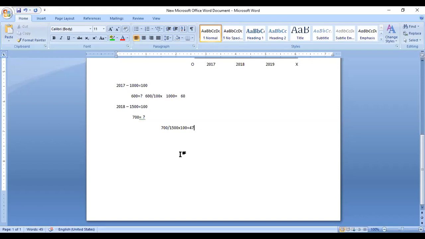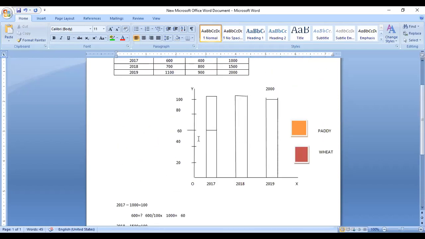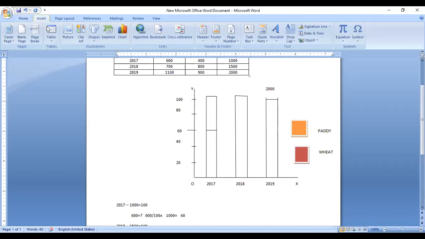The remaining 53 out of 100 will be for wheat. So paddy is equal to 47, and up to 47 we have to draw.